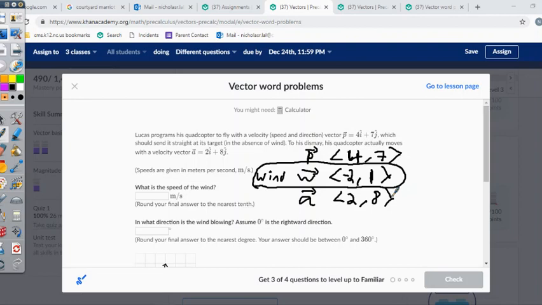So remember, our wind has a horizontal component of -2 and a vertical component of 1. So, let's draw an xy axis. We have a horizontal component of -2, a vertical component of -1, okay?